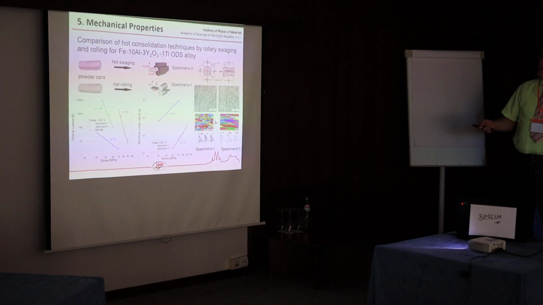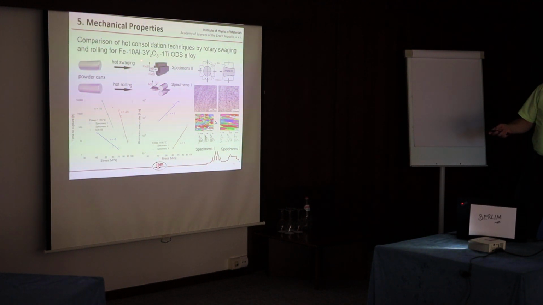So we compared, this is one of the older alloys. It doesn't have chromium, it has one weight percent titanium in it. So when we compare, the hot rotary swaged is specimen 2, which is this. This is the MA956 alloy, and this is the rolled alloy. So you can see there is a big difference.